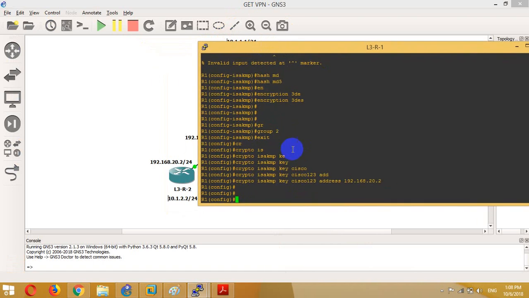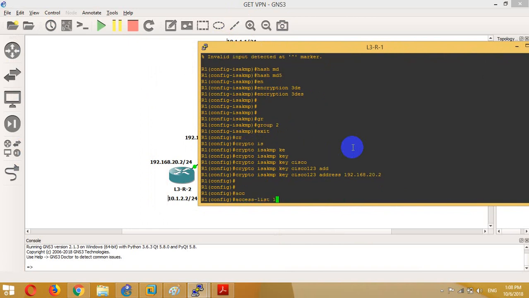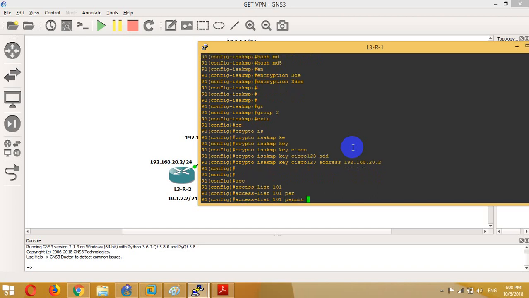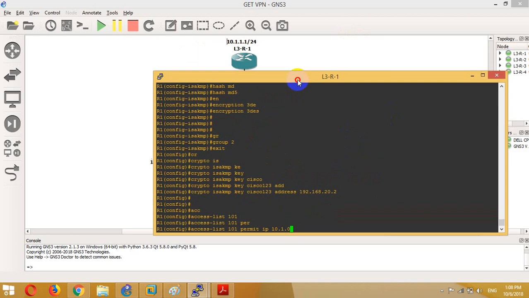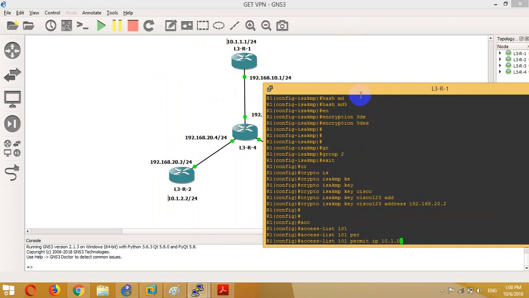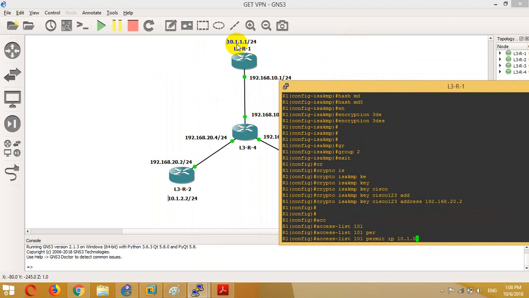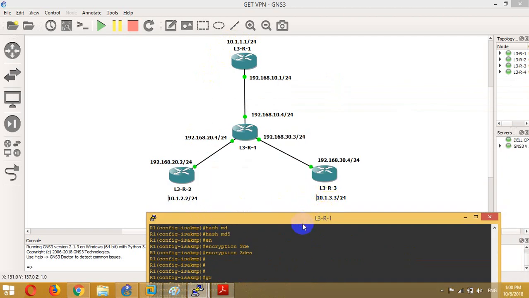After that, I will create access list 101 permit IP 10.1.0.0. As you see, guys, this is the interested traffic, the private network traffic that I'm going to encrypt: 10.1.1.1 here, 10.1.2.2 here, and on the third location 10.1.3.3.